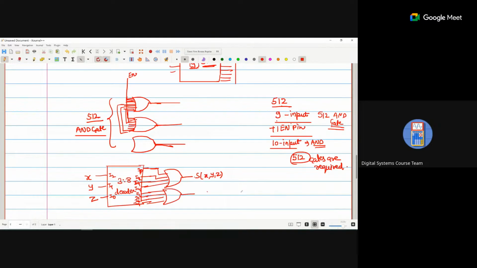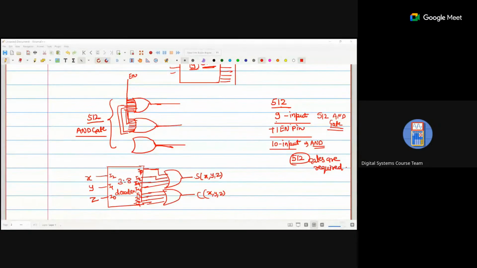So we are getting X, Y, Z, that is C. So that means one 3 cross 8 decoder and two 4-input OR gates. Similar to this is question number 5, but only we have to change the pins.